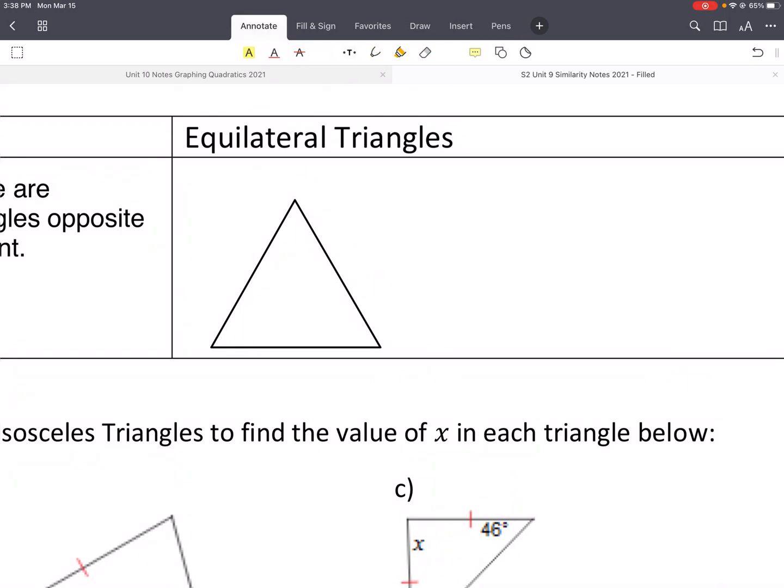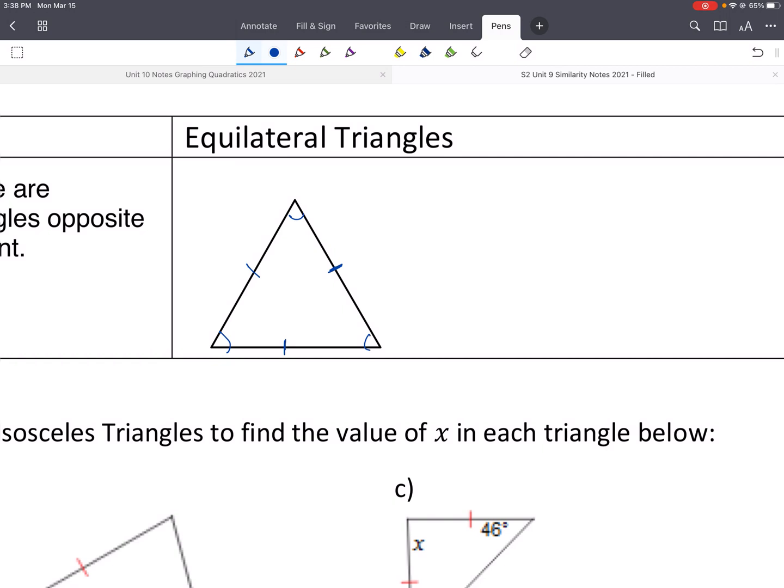So if we have an equilateral triangle, maybe I'll just write it the same. Okay, if we have an equilateral triangle, that means we have three congruent sides, and we also have three congruent angles. Okay, so you could write that down.